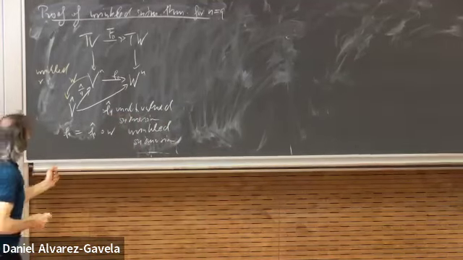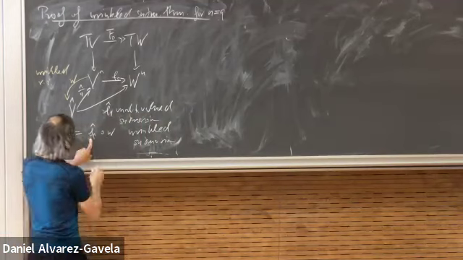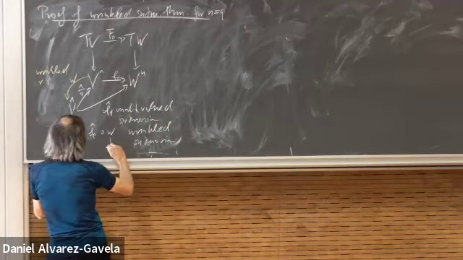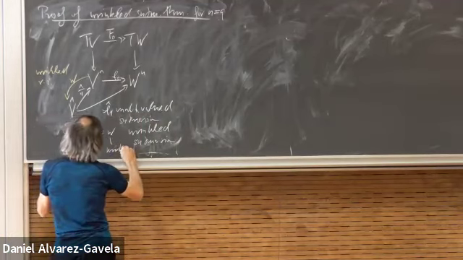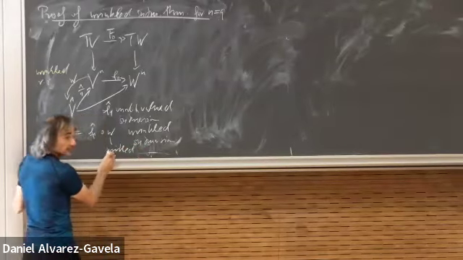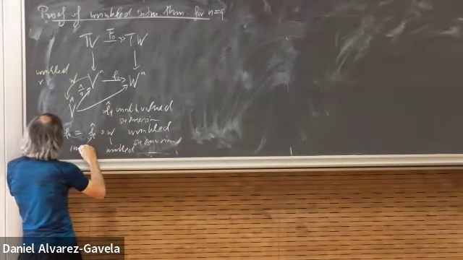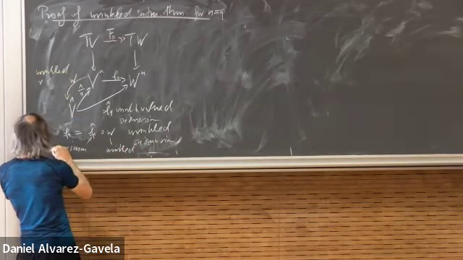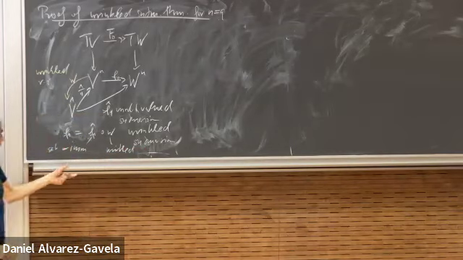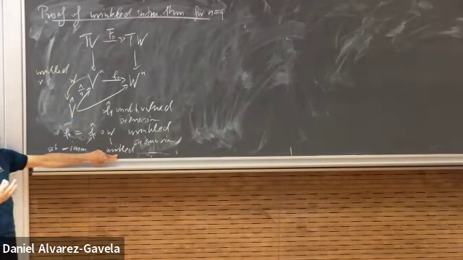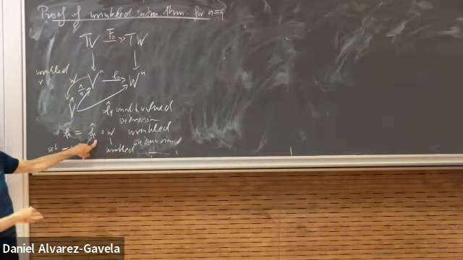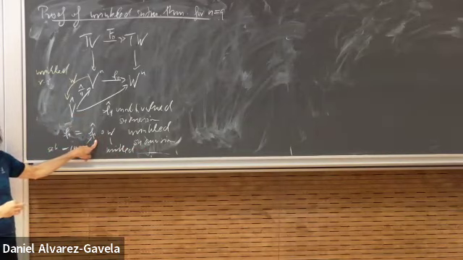Why? Because this is wrinkled, and this is an immersion, which is the same as a submersion in this dimension. And if you have a wrinkle and you post-compose it with an immersion, it's still wrinkled. That's why I need the equal dimensions.